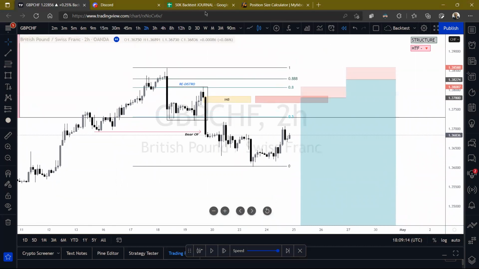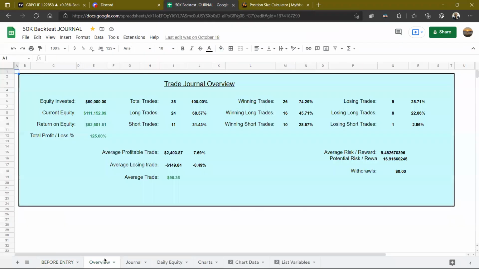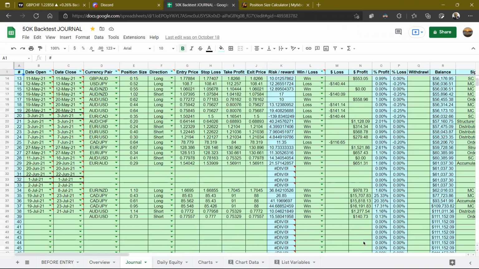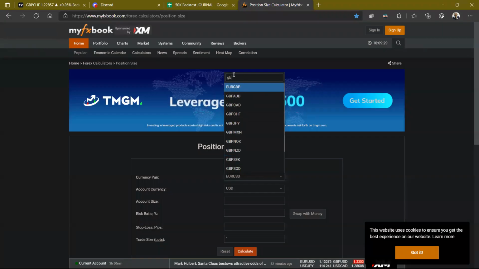Okay, so let's put this into our trade. So we have got 111, 152.